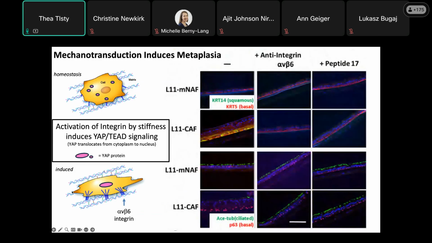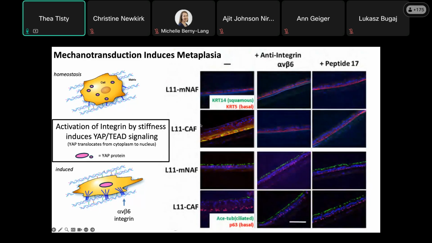In a stiff microenvironment, the cell senses that through integrin signaling, which tells the YAP to translocate to the nucleus, where it uses its transcriptional cofactor abilities to turn on programs that are important for regeneration and embryonic programs as well. So this means that if you interrupt this signaling, you should be able to interrupt the induction of mechanotransduction and the subsequent metaplasia.